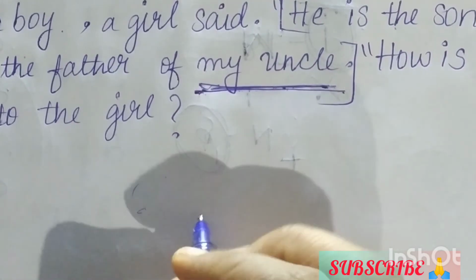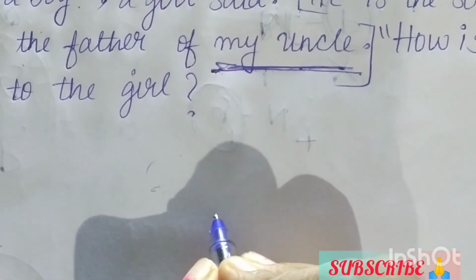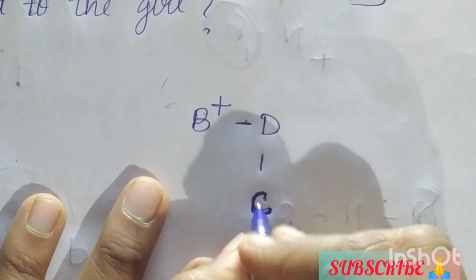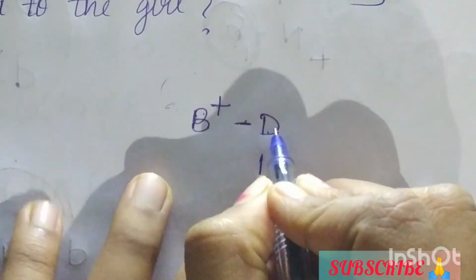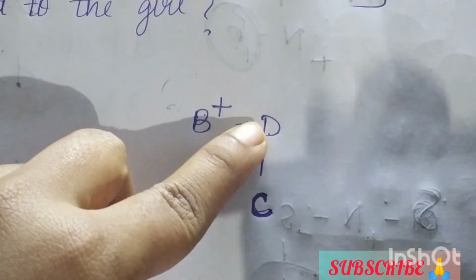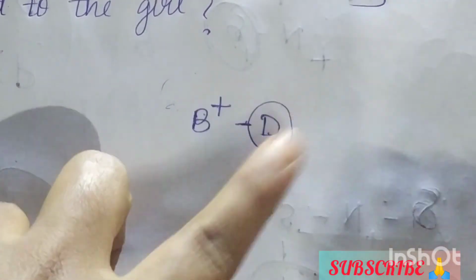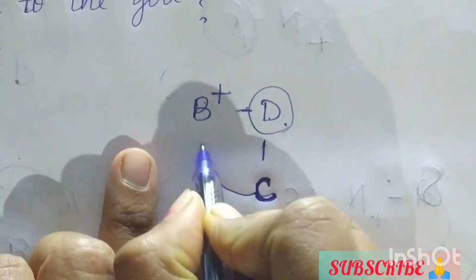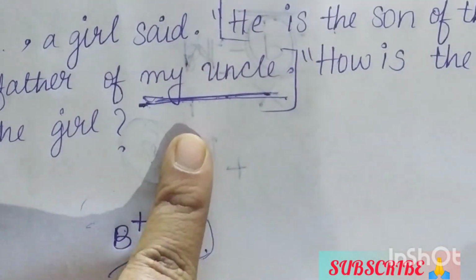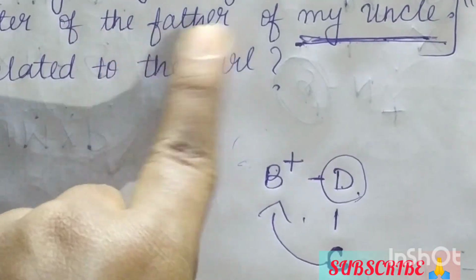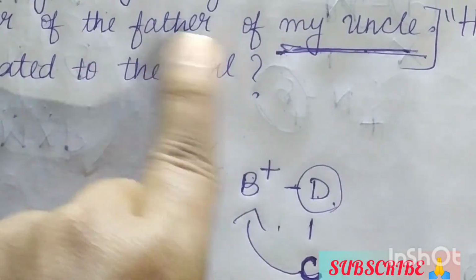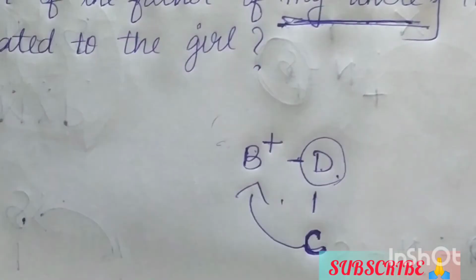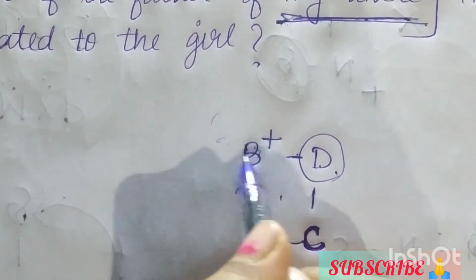Uncle in the sense, see this, consider yourself as C. C's father or mother, anything, is D. Then D's brother is known as uncle, right? So your uncle, my uncle. Father of my uncle, so his uncle and father.